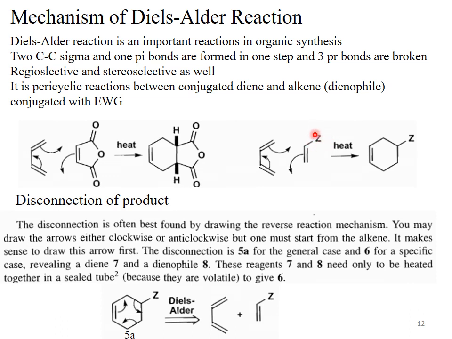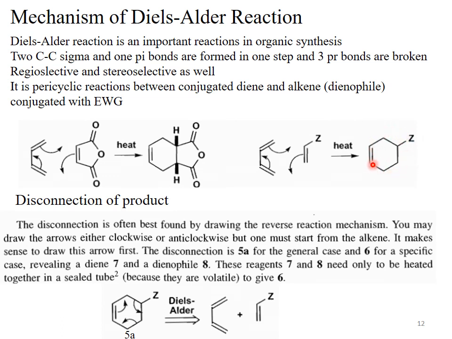Disconnection of the product. First we have to check whether the product is formed through the Diels-Alder reaction or not. First we have to check the requirements of the Diels-Alder product, then we can disconnect it. What is disconnection? Disconnection is the reverse of the synthesis. Disconnection is called the retro Diels-Alder reaction.